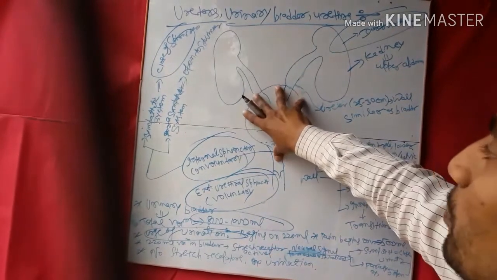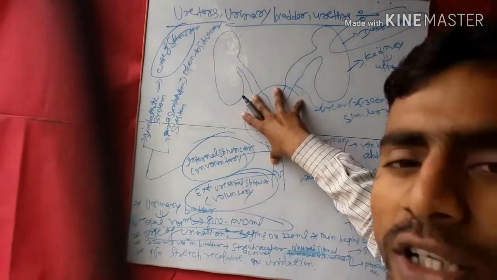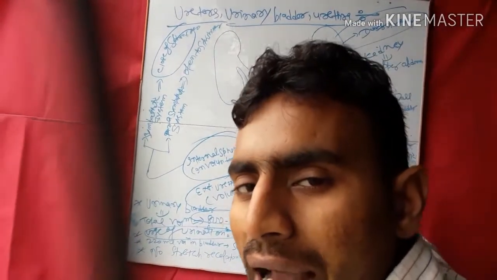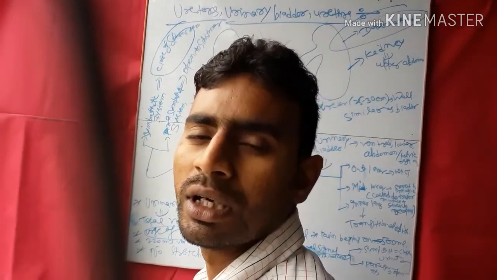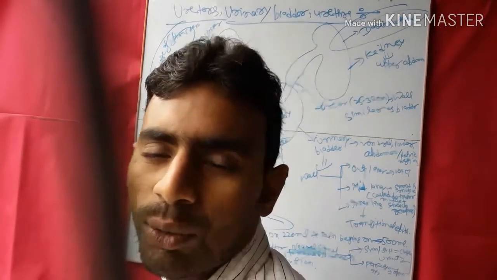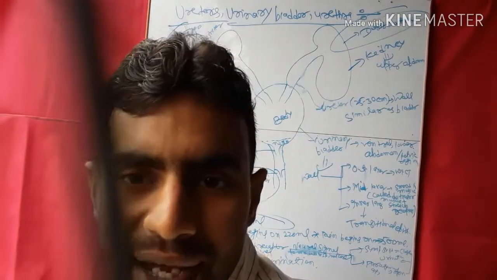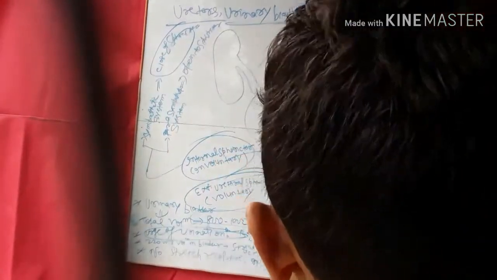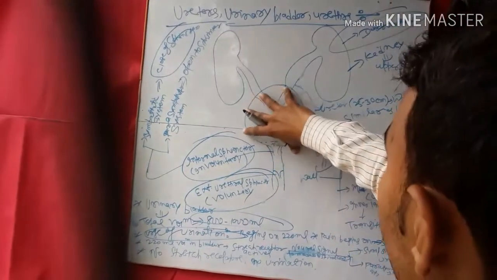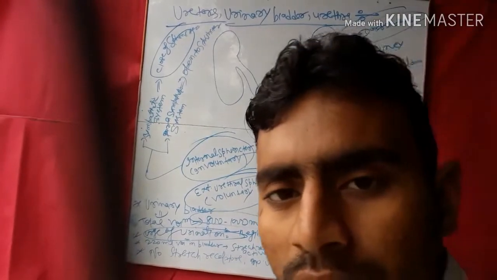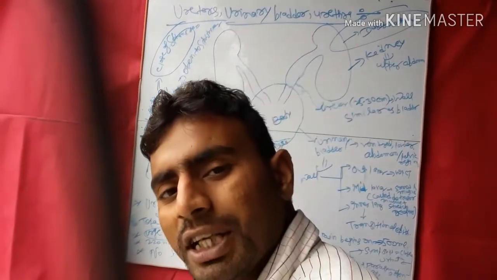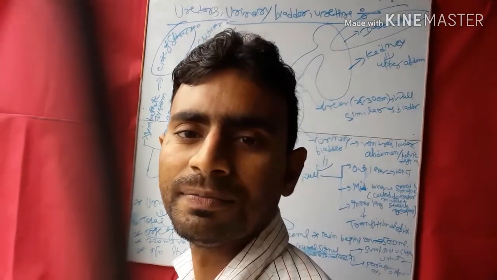This part is called the urinary bladder, and the urinary bladder is divided into two parts, body and neck. One part is called body, another part is called neck. This urinary bladder is ventral in the lower abdomen, present in the pelvic region.